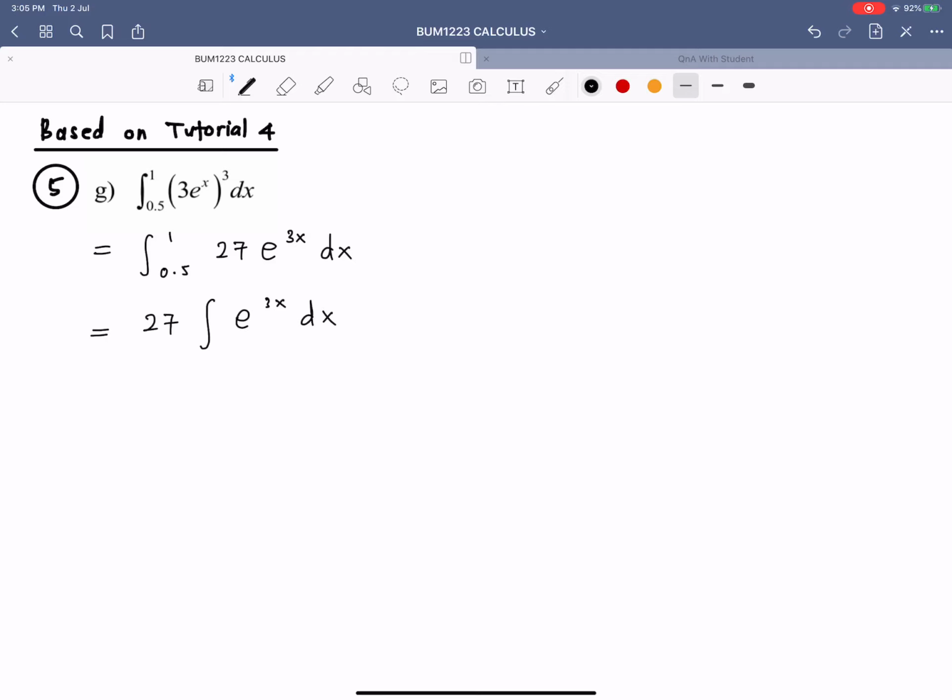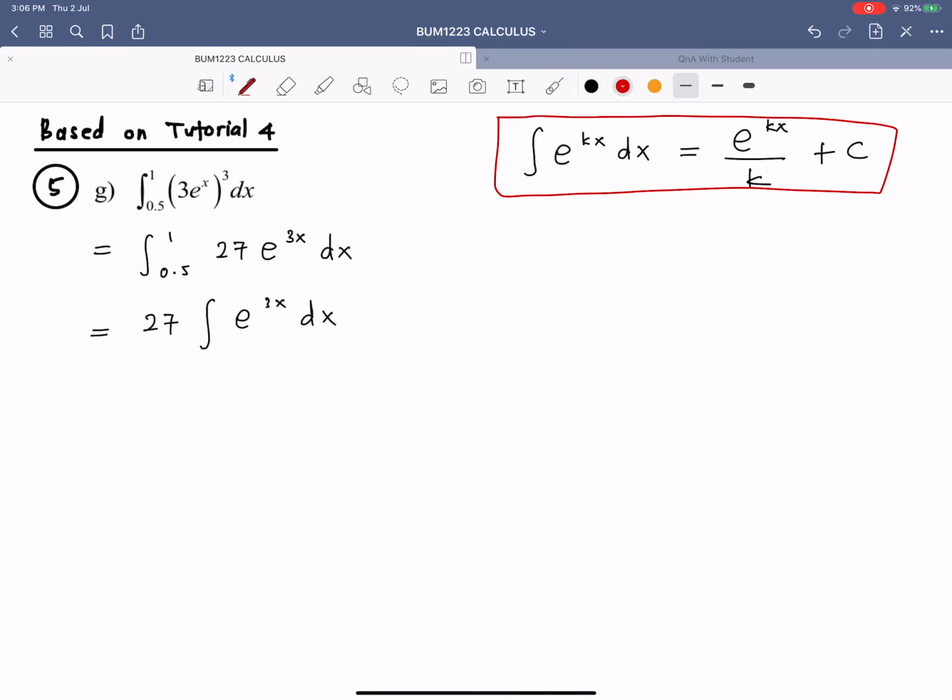We know that the integration of e power of kx dx is equal to e power of kx over k plus c. This formula can be found in your formula book. We are dealing with a definite integral, therefore we don't have this plus c, so we can ignore that.